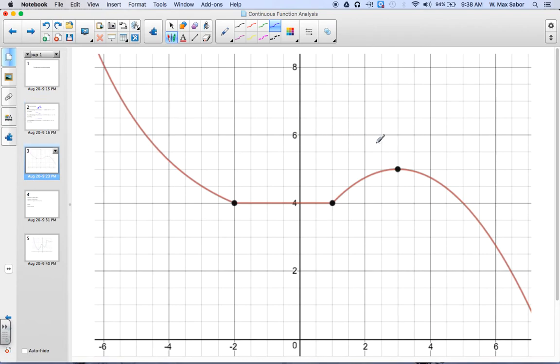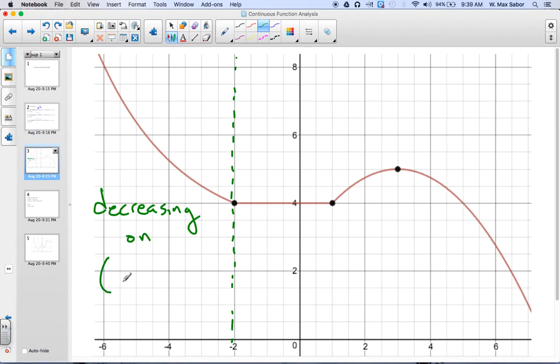So how do we tell whether things are increasing, decreasing, or constant? It's pretty easy to see visually. Left of -2, things are going down, so we say it's decreasing. And I'm going to use interval notation.